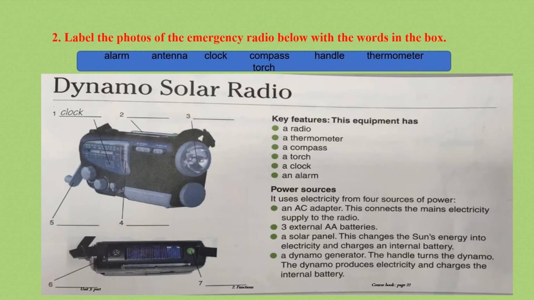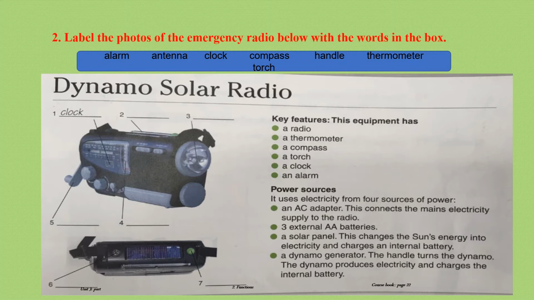Okay, now we have a picture of this solar or dynamo solar radio. We need to label the parts of this radio using these words: alarm, antenna, clock, compass, handle, thermometer, torch.